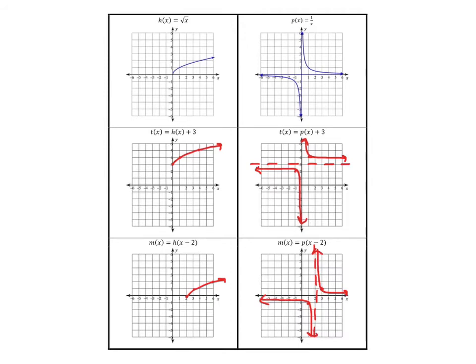For m of x, took the square root, moved it right 2. With the rational functions, what I really am looking for is that my horizontal asymptote for t of x moved up 2 units. So the main shape of the graph is the same, it's just moved up 2. For m of x, I've moved my vertical asymptote right 2.